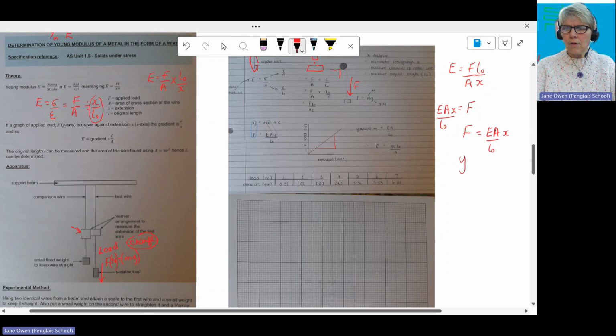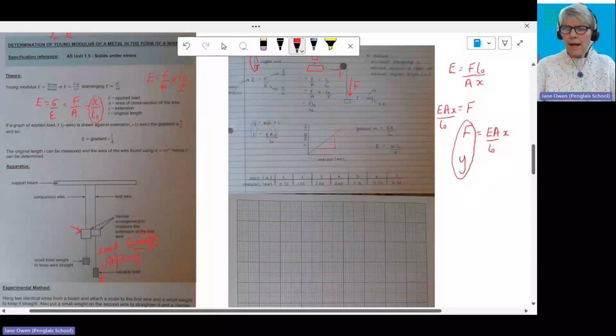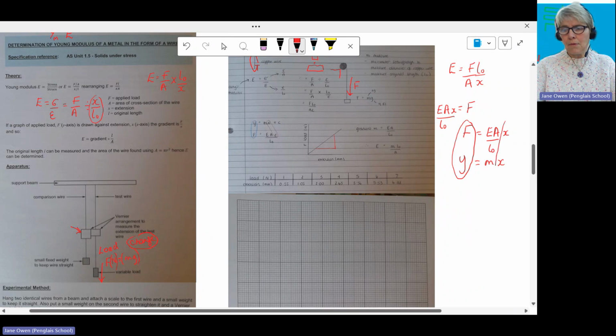And y is what we change, and m is the gradient. And x here happens to also be x, or it could be little e, the extension.